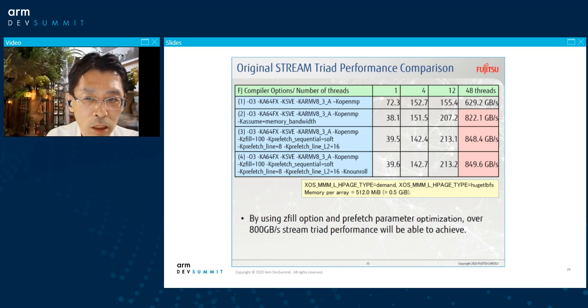Using a memory bandwidth option, the one-thread performance is not so good, but with 48 threads it reaches 850 gigabytes per second. And for the third, adding Zfill and software prefetch, it increases up to 848 gigabytes per second. And the number 4 option, without the unrolling option, is slightly faster than number 3. This is the end of my part.